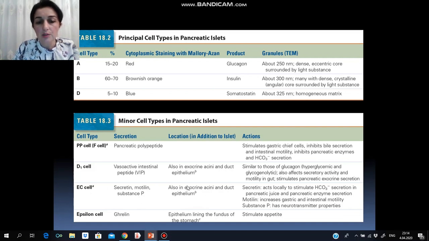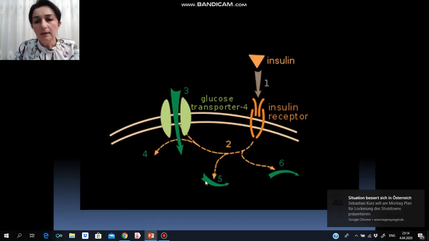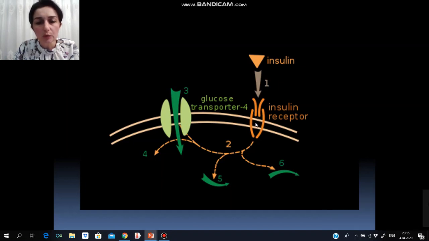EC cells produce substance P. These are the cells which we can find inside the islets of Langerhans, the endocrine portion of the pancreas, in small amounts. Let's look at this illustration of how insulin activates our cells. This is the insulin receptor on the cells of the tissues. It will activate the glucose transporters, which are needed for carrying glucose inside the cells.